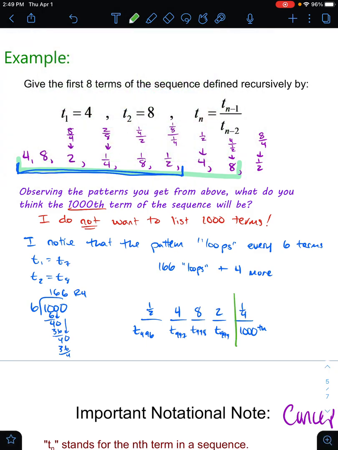So I could figure out with a little bit of puzzling that because my sequence has a repetition in it, I could just find how far into that pattern I was going to be. But that's kind of tricky. Maybe if I had Google spreadsheets, I could have done this faster.